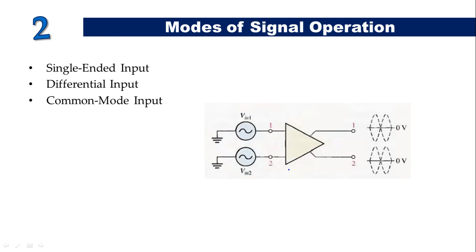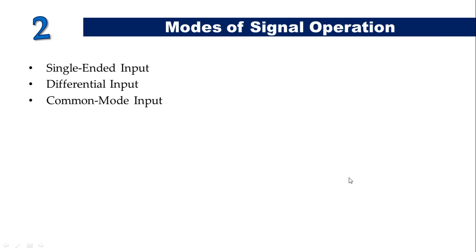Kaya tayo gumagamit ng common mode input is that para maiwasan natin na makuha yon. Kasi ang mangyayari dun sa mga unwanted signals is magka-cancel out lang sila dun sa ating output. So, yun yung importance ng common mode rejection. Okay?